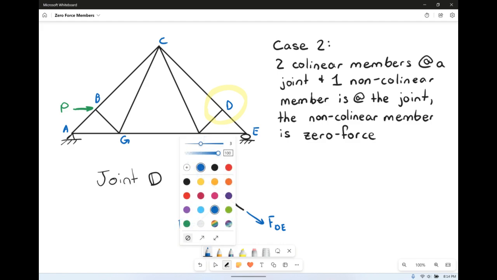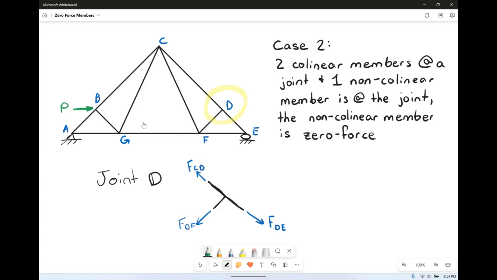Now how this works is by using a change of axes. We're going to say that this direction is our x prime direction, and this direction is our y prime direction. So if you sum the forces in the y prime direction and set it equal to 0, you only have force DF. So force DF is a 0 force member.